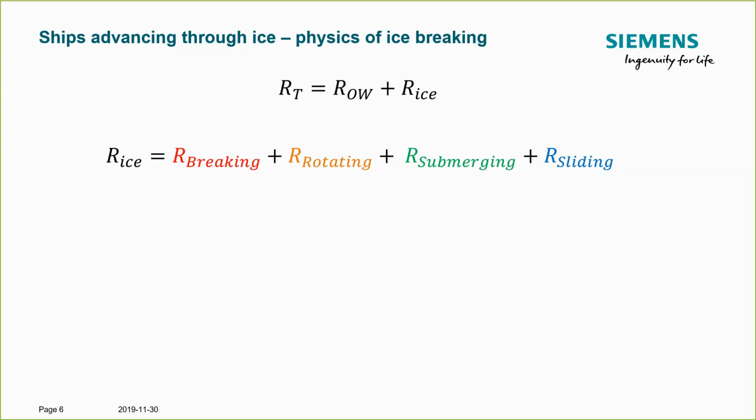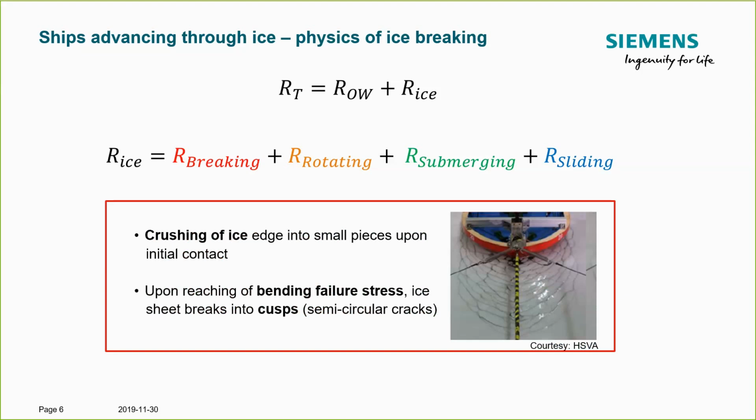So generally, another simple model based on engineering assumptions would be to assume that the resistance in ice is made up of contributions coming from the actual breaking, from the rotating, submerging, and sliding of the ice floe.